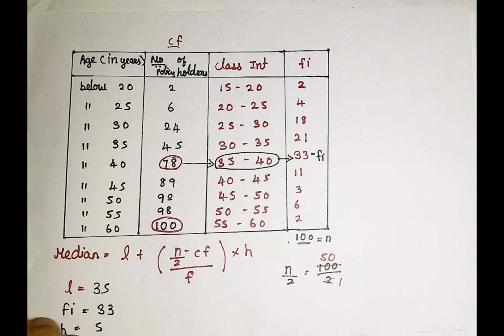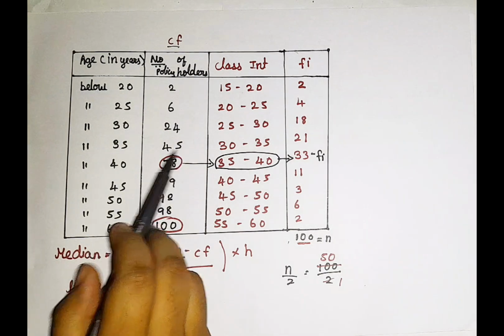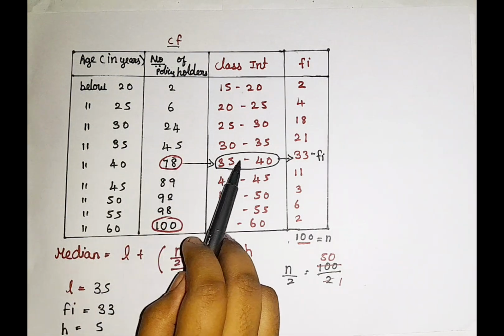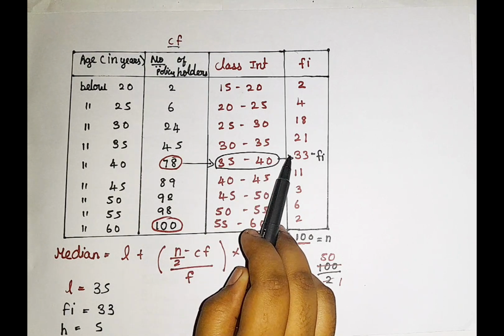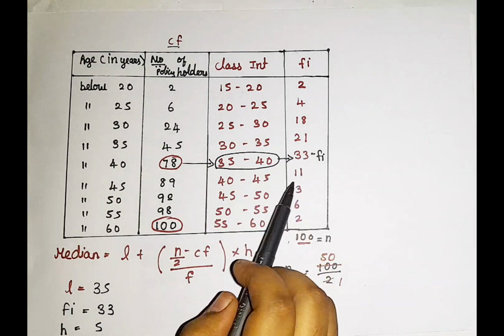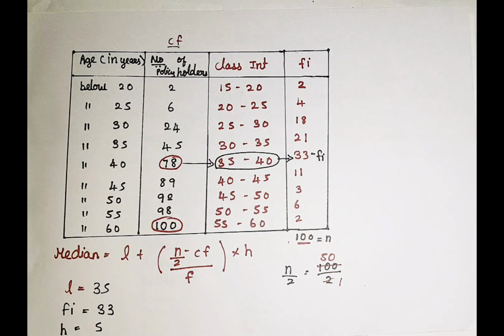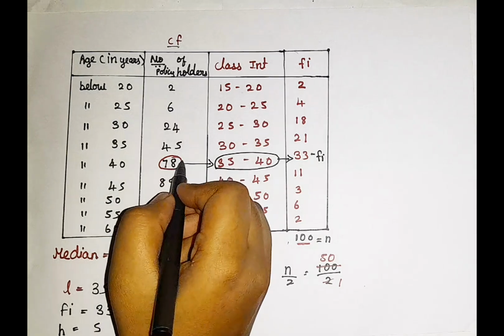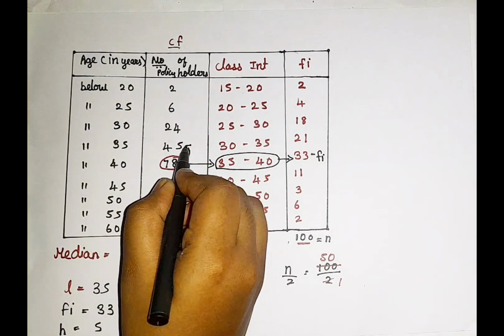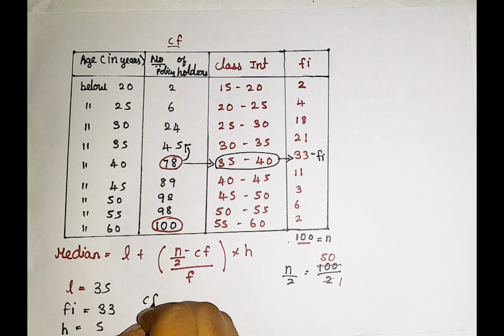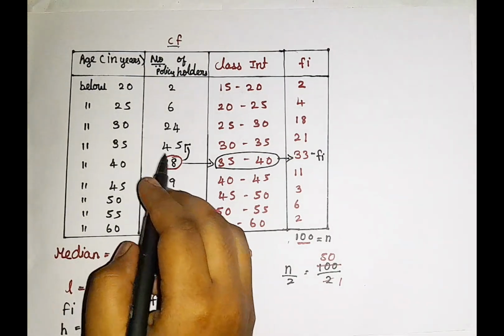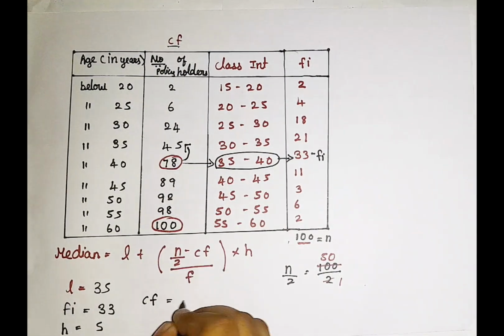So since the greatest value is 78, we just marked it, and when you come straight, we got the lower limit value, and when you keep straight, you will get the Fi value, that is the frequency. Okay, so it is literally easy to find the cumulative frequency. You are supposed to take the previous number of this particular number. So here what is the previous number of this particular number? The previous number is 45.